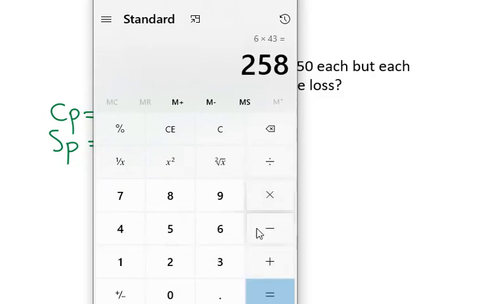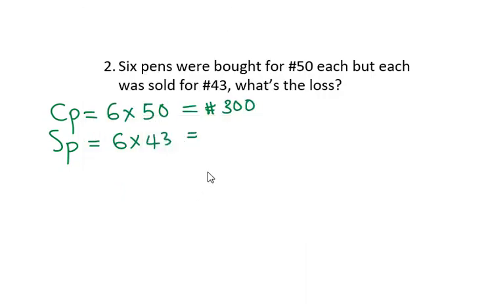This is 258. Now they ask what's the loss. Because they told us loss, we go straight and solve for loss. Loss is equal to cost price minus selling price.